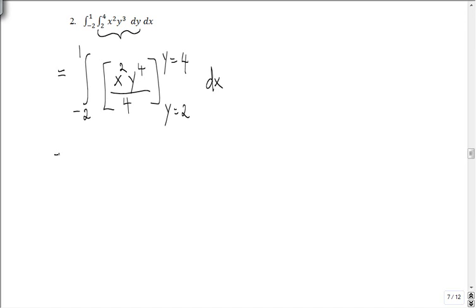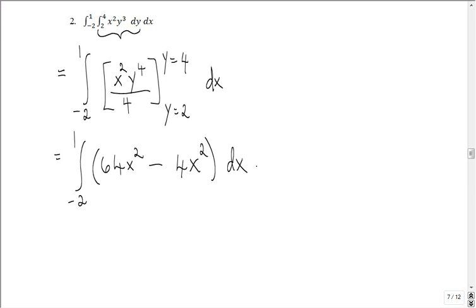Okay, let's substitute these limits. So put your integral symbol here. We want 4 to the 4th over 4. I think that's 64. So that's 64x squared minus, put 2 now, 2 to the 4th over 4. I think that's 4x squared dx. Subtract.